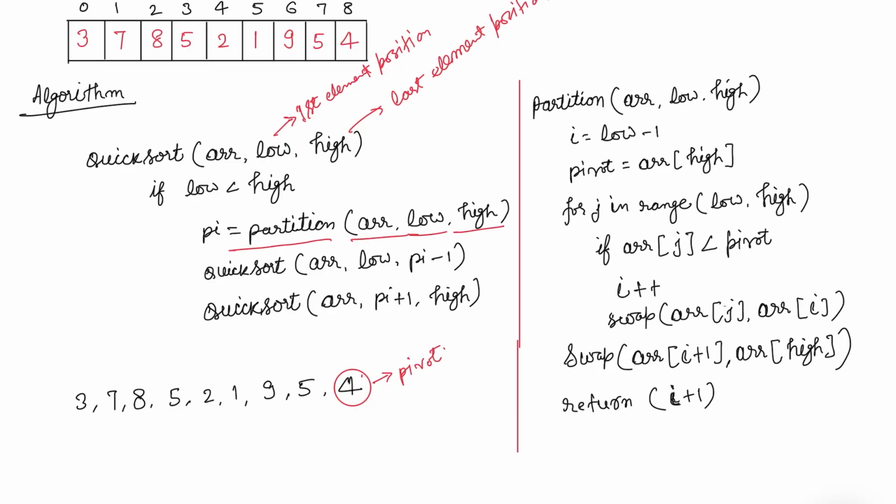Now what we have to follow is mainly the partition function. So what is the partition function? Here is the array, a starting index, which is the first index of the array, and high will be the last index.